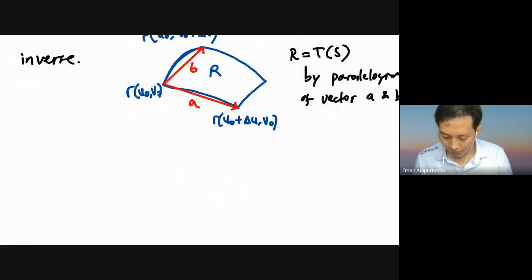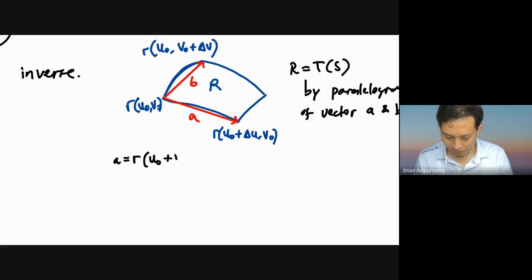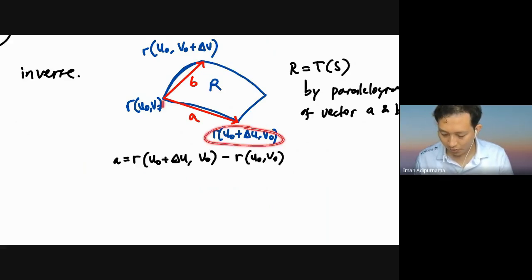but first let me write that A is defined by R plus delta U, and then minus R, which means the difference between these vector positions.